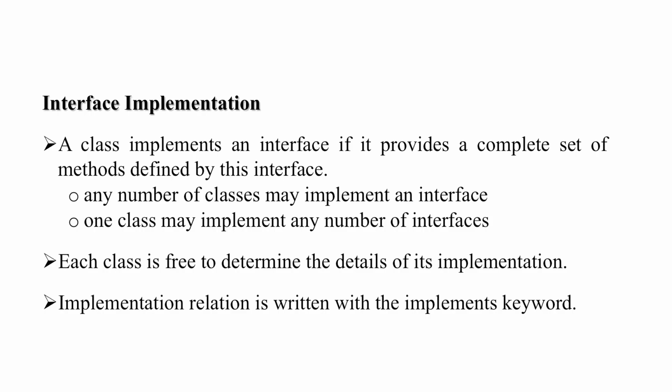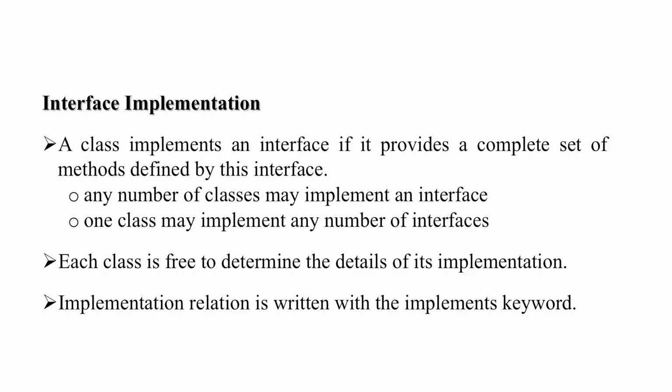We can have any number of classes that implement an interface, and one class may implement any number of interfaces. So we can say this is basically multiple inheritance: one interface, multiple faces. Each class is free to determine the details of its implementation.